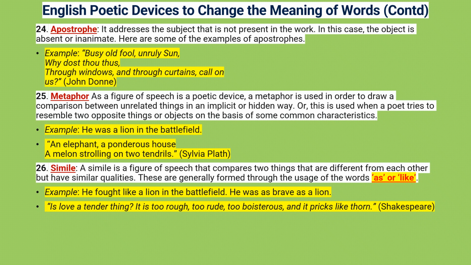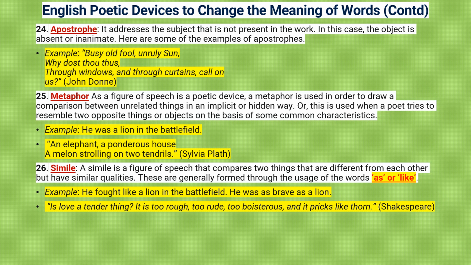Usually students get confused, so I'll give you a tip from my side. It's my own tip, which will help you remember which is simile and which is metaphor. Look at the word simile, S-I-M-I-L-E.